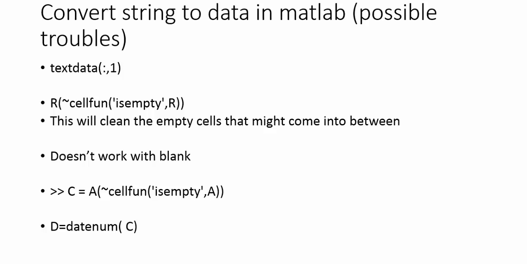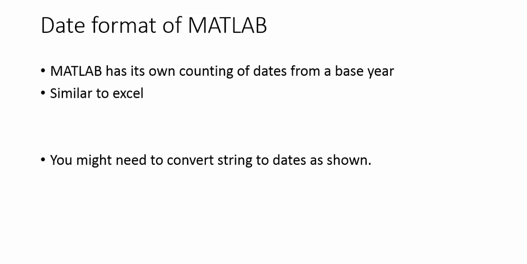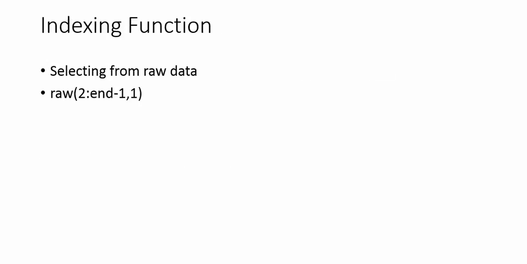It would remove those, and if you want to convert things into numbers, you'll use the datenum format. MATLAB has a date format, and like Excel, it's stored at the backend in a numeric format. With the indexing that we talked about in class 2 and class 3, we can pick out the rows and the columns that we need.